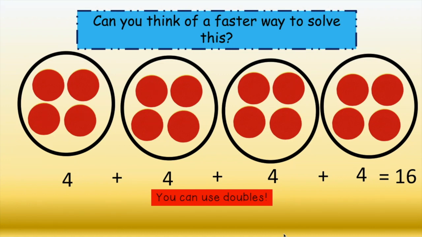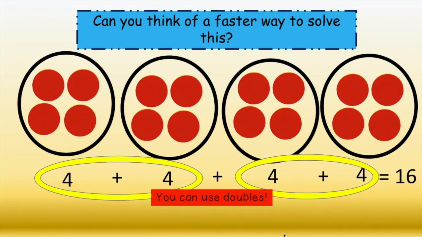So do you see the same number twice in this repeated addition equation? So I see a double right here. And then I also see a double right here. So we have 2 sets of doubles, and our double is the number 4 because we add the number 4 2 times, 4 plus 4, and then the other double is 4 plus 4.